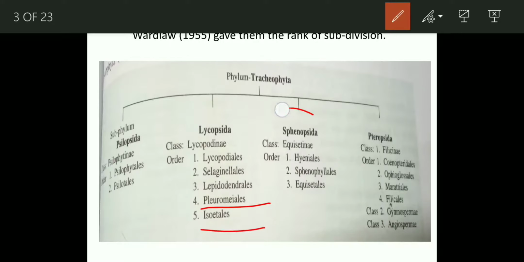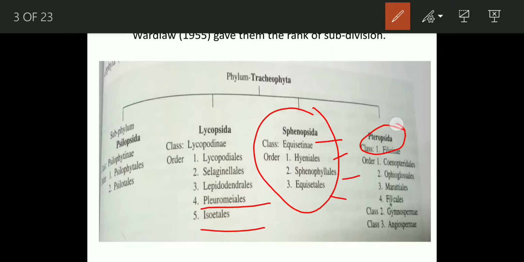In the Sphenopsida there was only one class, Equisetinae, that had 3 orders, Hyeniales, Sphenophyllales, Equisetales. In Pteropsida, there were three classes: Filicinae, Gymnospermae, and Angiospermae. Filicinae was further divided into four orders: Coenopteridales, Ophioglossales, Marattiales, and Filicales.